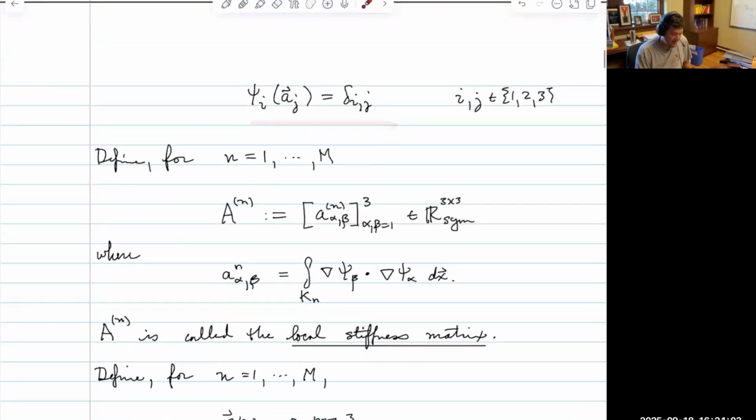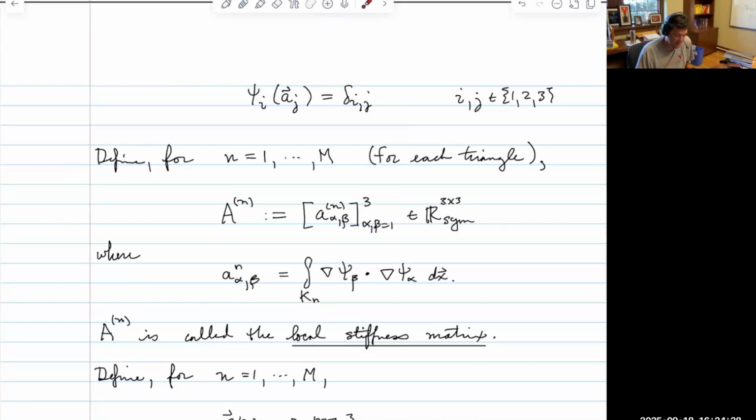So now for each triangle, we're going to define what's called a local stiffness matrix.